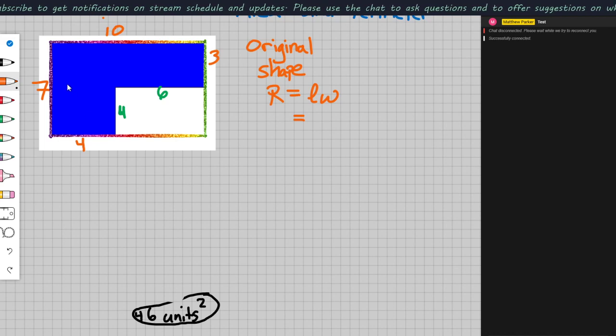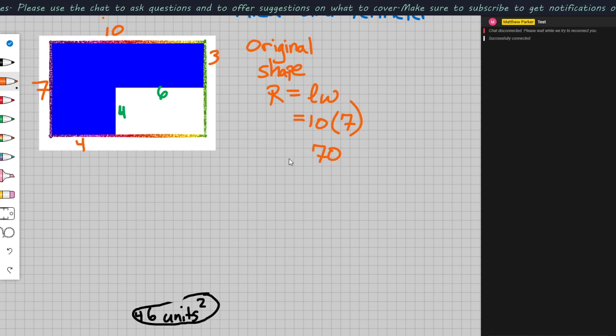I just drew it all together, so that's 10 times the width, the entire width of the original candy bar, 7, which is 70. That's our first rectangle. That's the big shape.